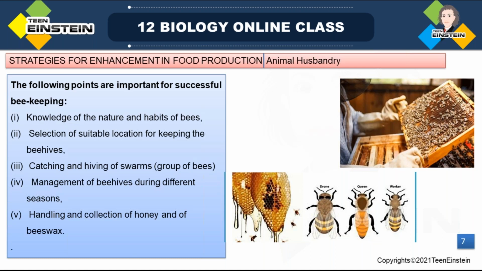And there are some important points for successful beekeeping. What are all the points? Let's see. Knowledge of the nature and the habits of bees. We should know the habits of bees. That is very important. Then selection of a suitable location for keeping the beehive.